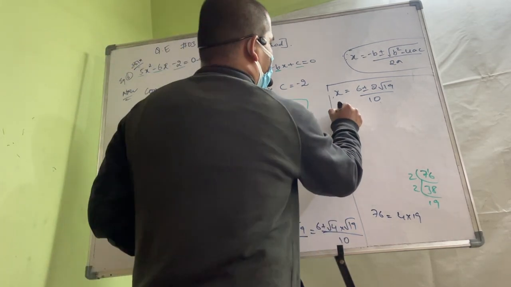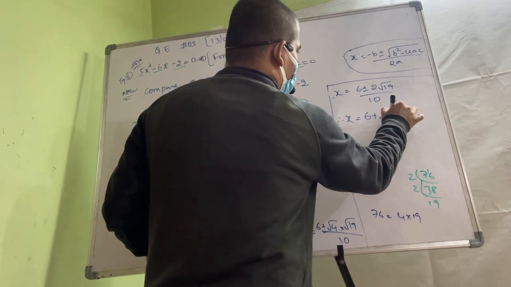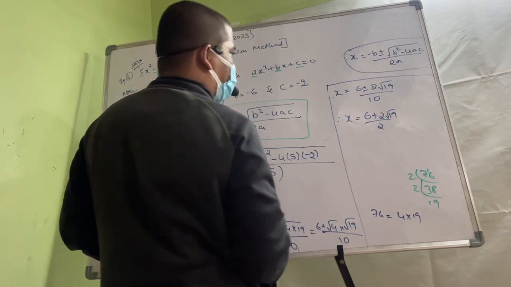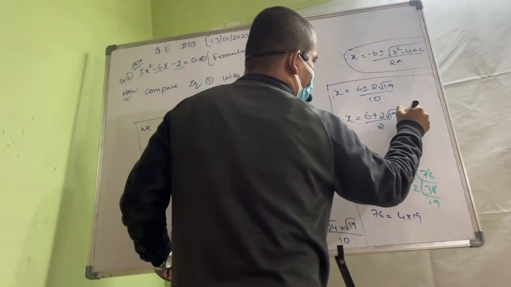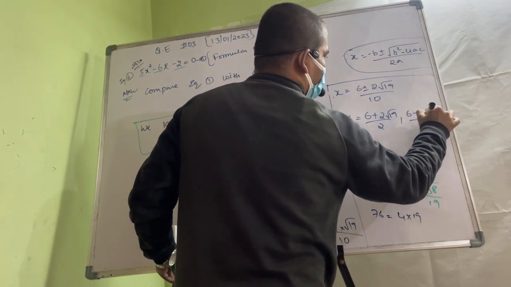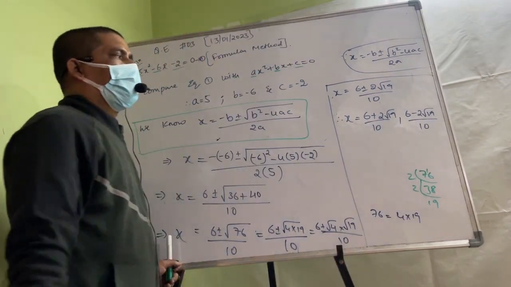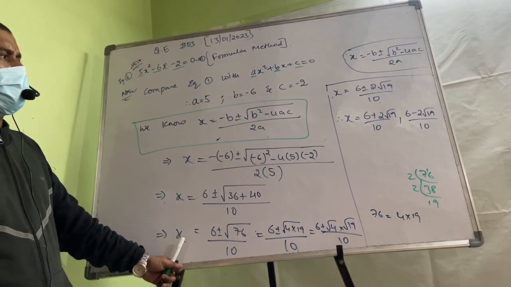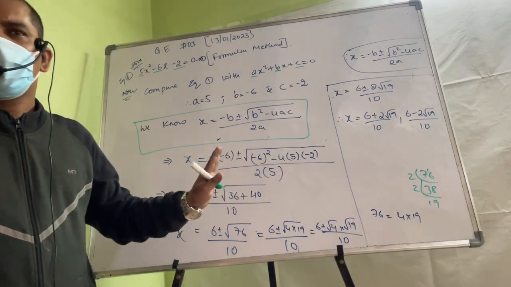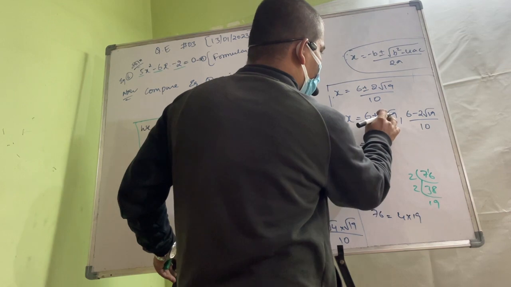Now, therefore x is equal to 6 plus 2 under root 19 by 10. Once you write plus, next time you write minus. Not 2 by 10. Okay? If you want further some more things you can do. See here, this much clear? If necessary, you can take common also. 2 common now.